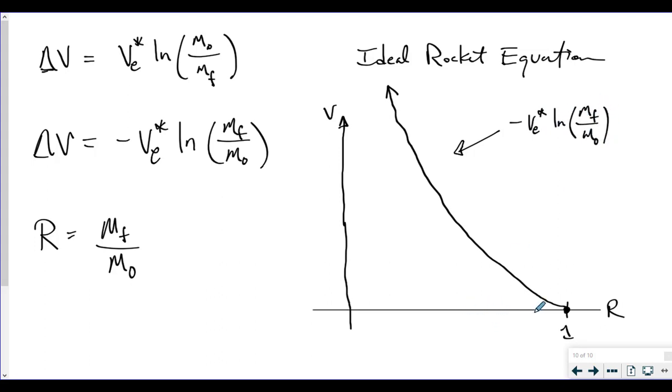And so you could start to see how it's necessary to have mass ratios where the final mass is maybe some small fraction of the initial mass.